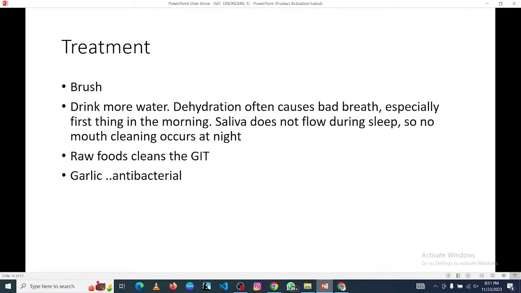Eat raw foods that will help to cleanse your gut. Take garlic. There is odorless garlic, garlic that you can take and your mouth won't really smell that bad.